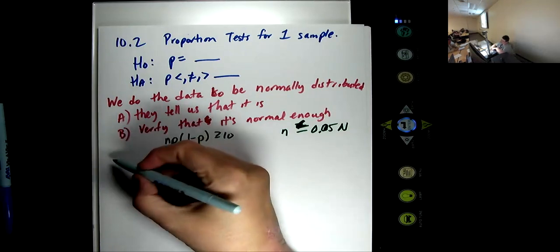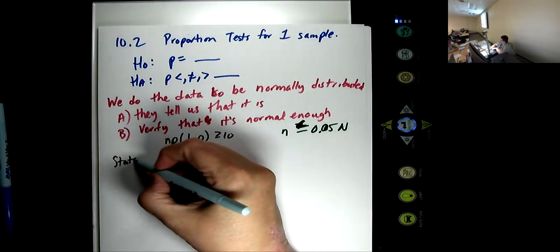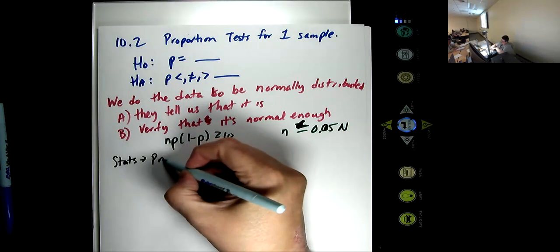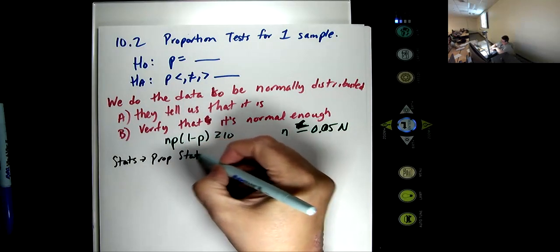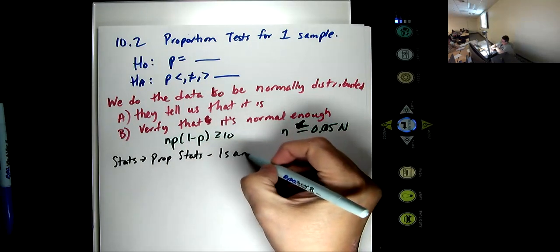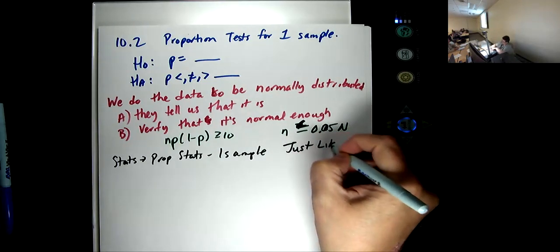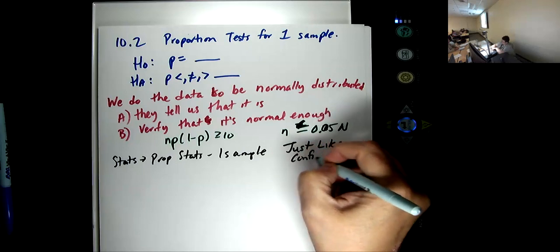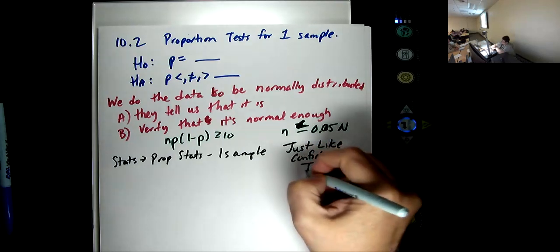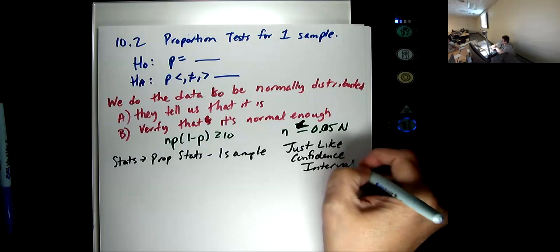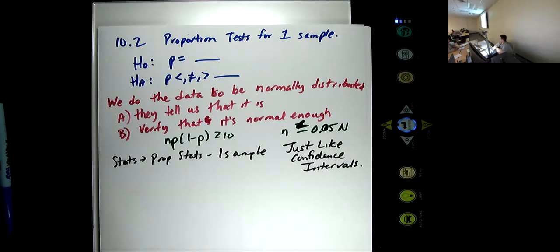If all that's true, we can do stats, proportion stats, one sample, just like confidence intervals. They are connected, and I'm going to show you today how they're connected, what this all means.